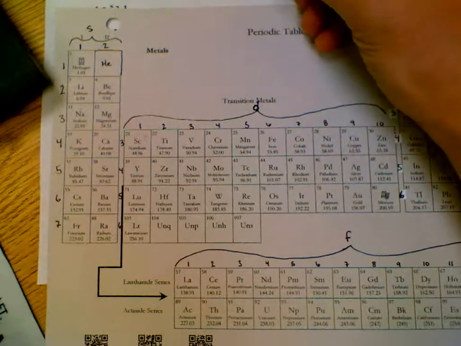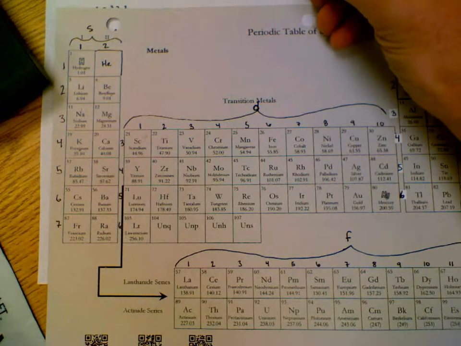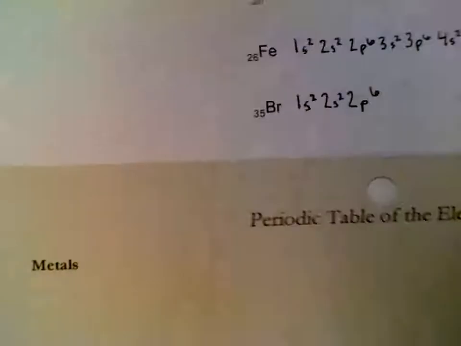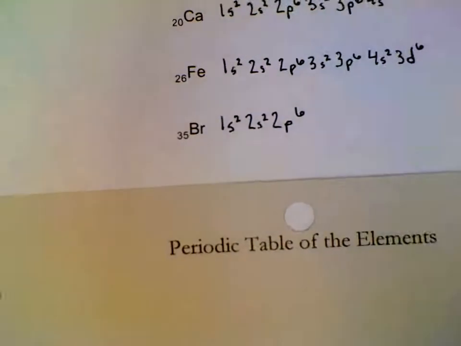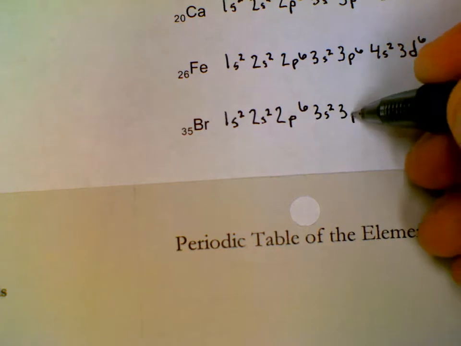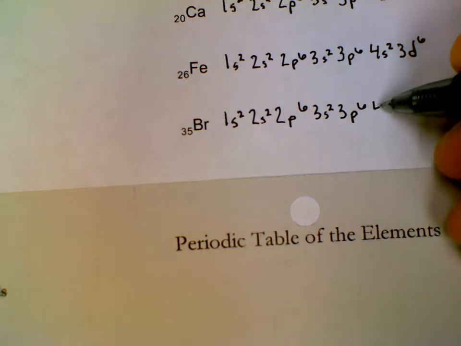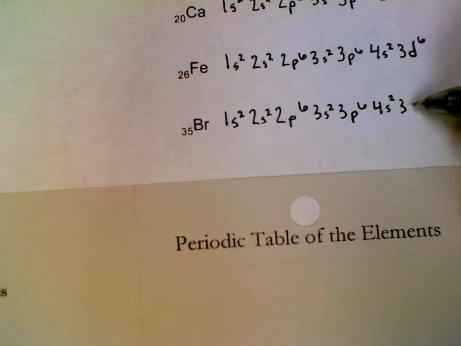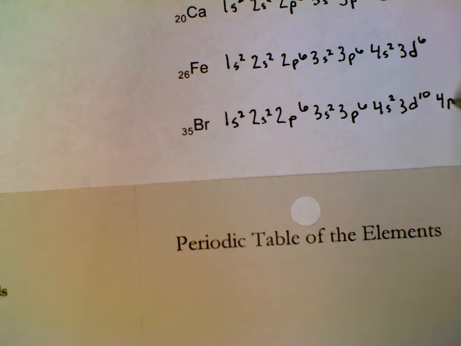So that'll be 1s2, 2s2, 2p6, 3s2, 3p6, 4s2, 3d10, 4p5.